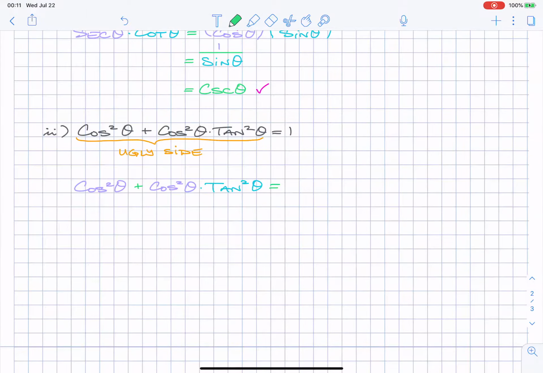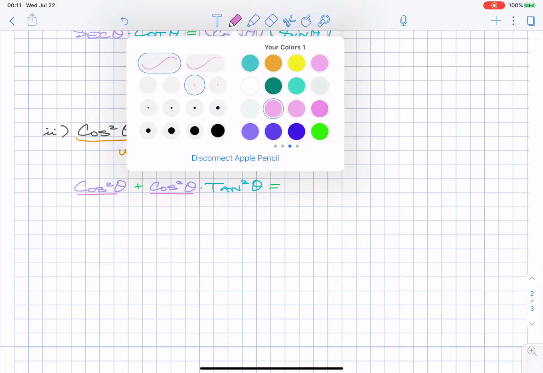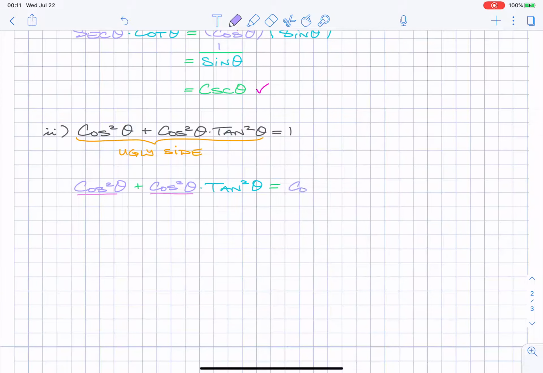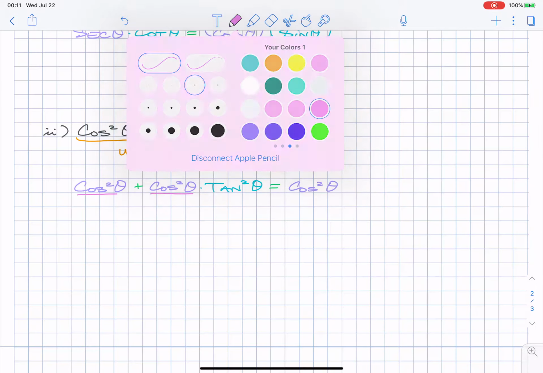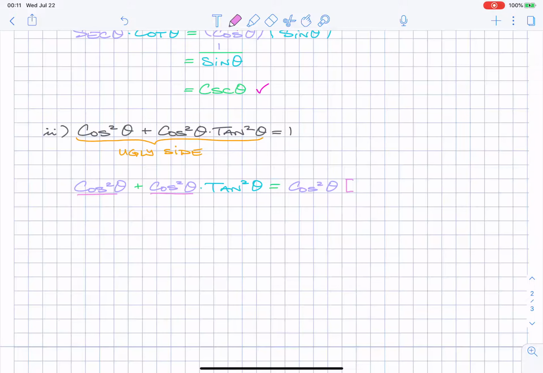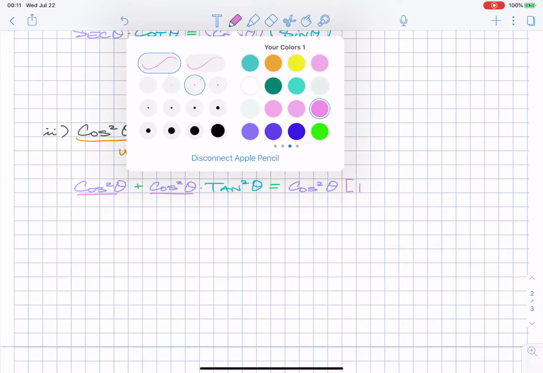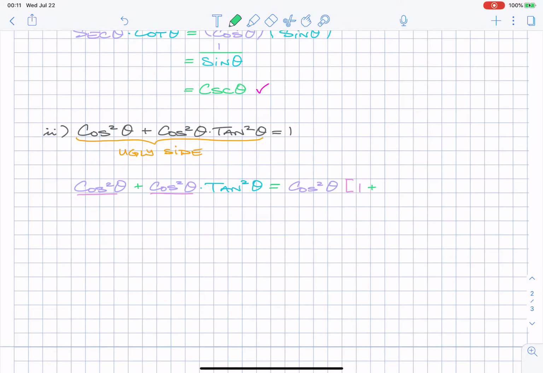So what I can do, however, is factor out the common cosine squared theta. I'll have cosine squared theta on the outside. What I'm going to have then on the inside will be 1 plus tangent squared theta if I factor that out, right?